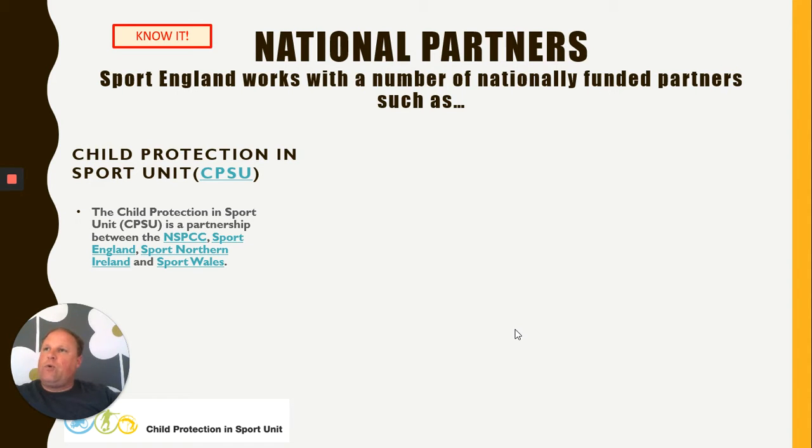The Child Protection in Sport unit plays an incredibly important role. There are so many examples now within our society of perhaps in the past where we've seen abuse of rights. There is a huge case going through in the United States of America at this moment in time against USA Gymnastics.